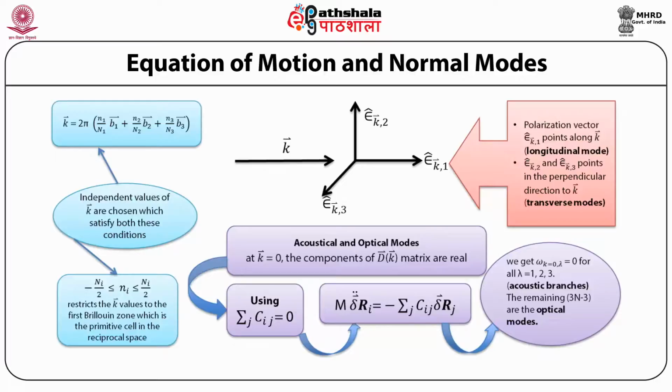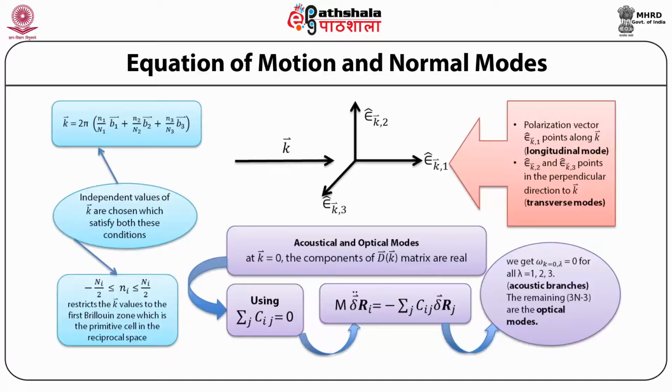The periodicity of the crystal lattice allows us to find an equivalent k value inside the first Brillouin zone for those k values that lie outside the first Brillouin zone, by simply adding a reciprocal lattice vector G to k.